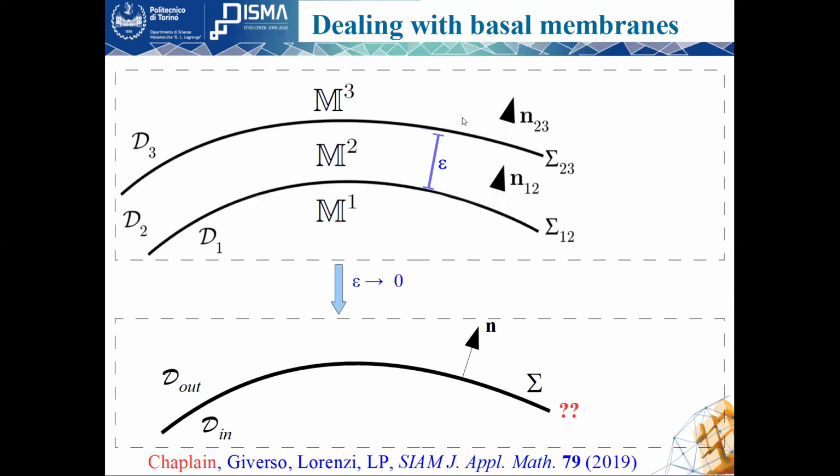So what I have is an inside region, an outside region, and a membrane, and if you look at the typical thickness of this region, this is very small.